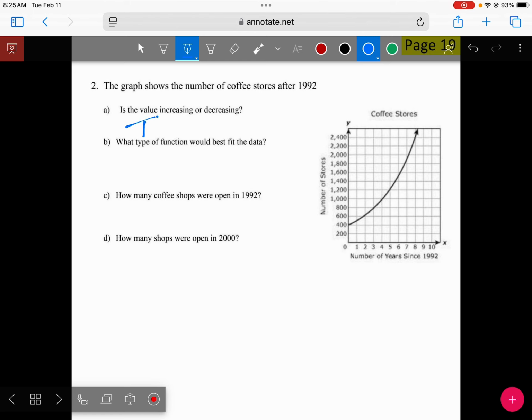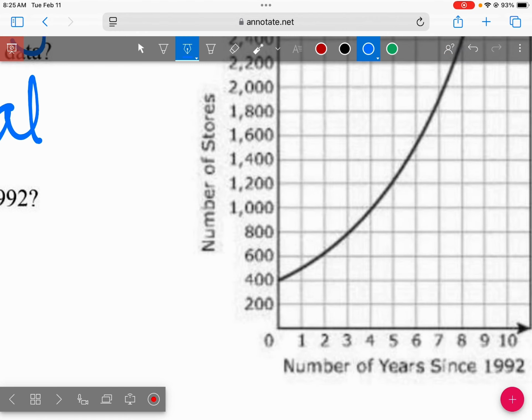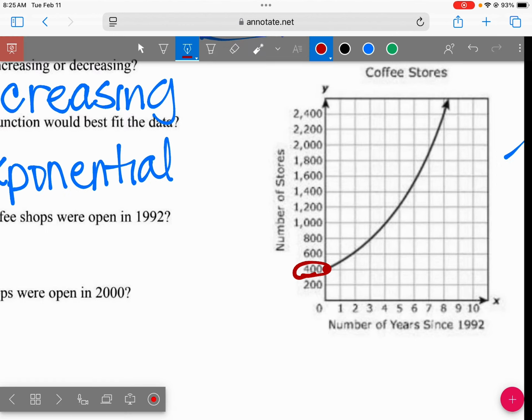And the type of function is exponential. How many coffee shops did we start out with? If I zoom in, my y-intercept is here. So I would say 400. Raise your hand if you said 400. That's good.